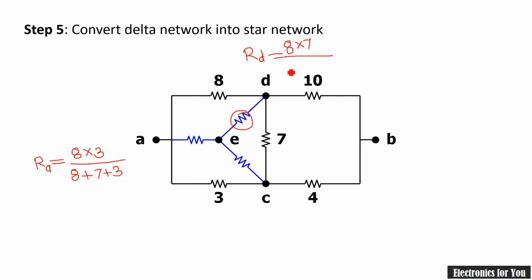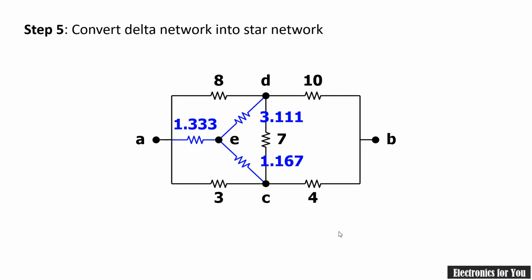So 8 multiplied by 7 divided by 8 plus 7 plus 3, that is all the resistances in delta. Now for this third resistance, let it be RC here. RC will be equal to, now to this C node a 7 ohm and a 3 ohm resistance are connected. Therefore 7 multiplied by 3 in numerator upon 8 plus 7 plus 3, and after solving this we will get this value.